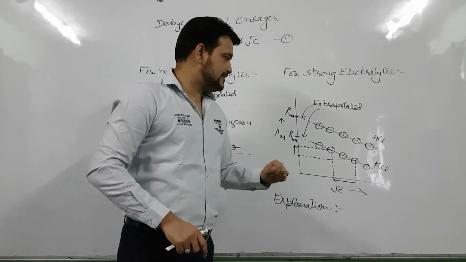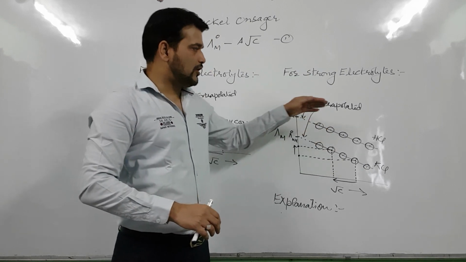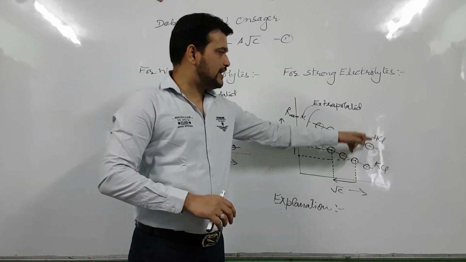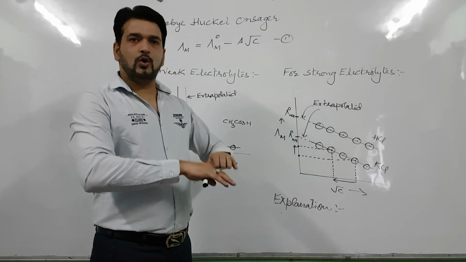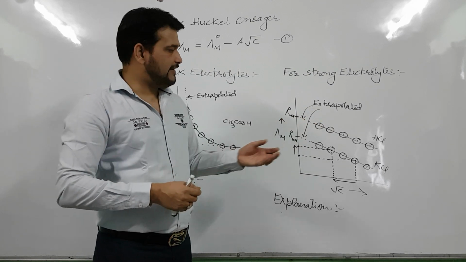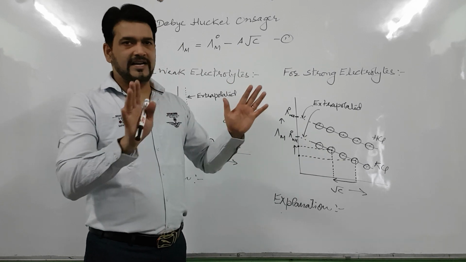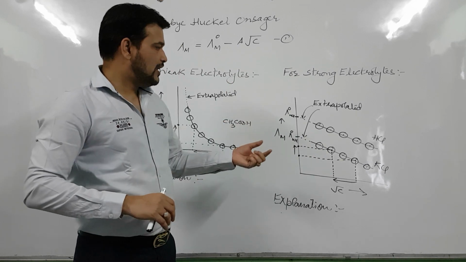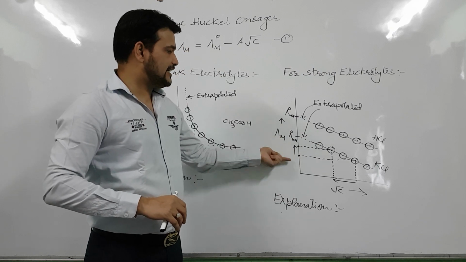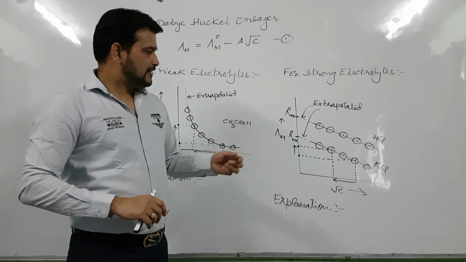But the question is, for strong electrolytes, when some water is added, these strong electrolytes get totally dissociated into ions, and when more water is added, no more ions are produced. So how is this increase in molar conductance observed?